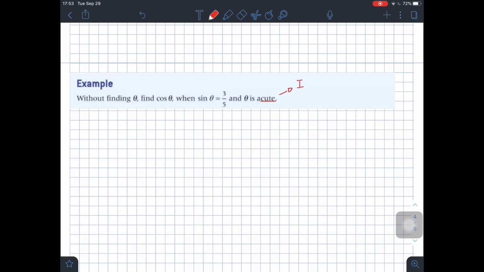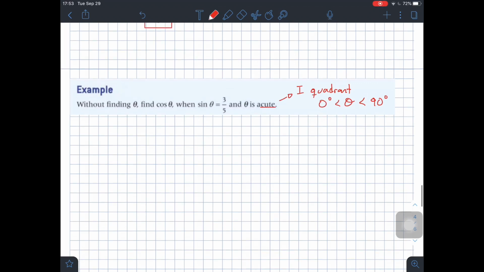So I'm going to write it as this, first quadrant. So we know that angle theta must be in between 0 degrees and 90 degrees, right? In order to be in the first quadrant. So that's what the exercise is telling me.